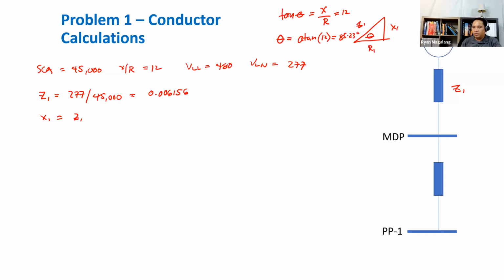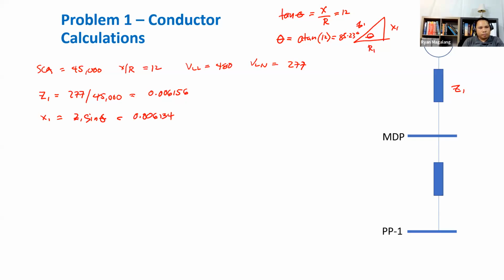So that's how we obtain our angle. What is X in relation to Z1? It is essentially sine. So X1 equals Z1 times sine theta, whatever the value of our Z1 times the sine of 85.23 degrees, and then we'll obtain eventually this value.